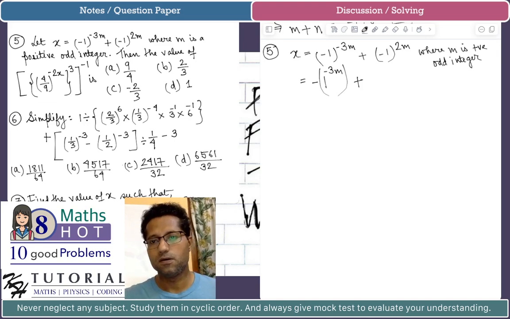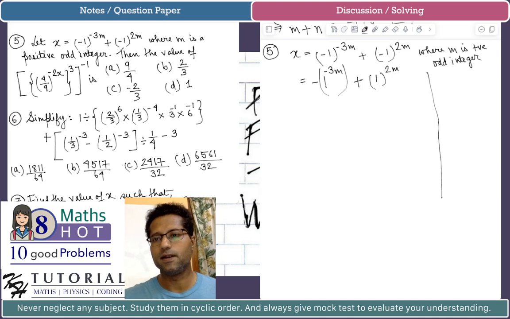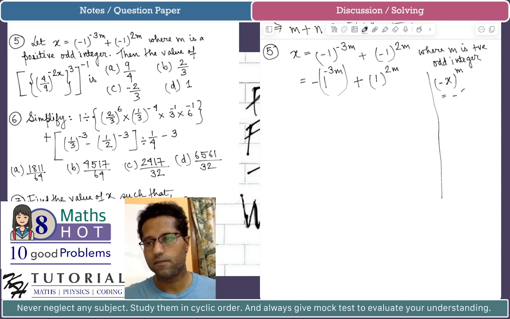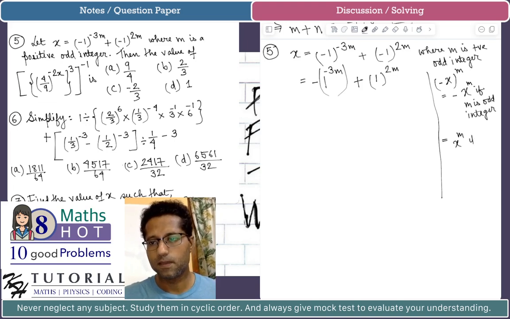So this will be 1 to the power twice m, and the concept applied is that if x is a non-zero rational number, then minus x to the power m, where m is any non-zero integer, will be equal to negative of x to the power m if m is odd, and equal to x to the power m if m is an even integer. So this is the concept applied.